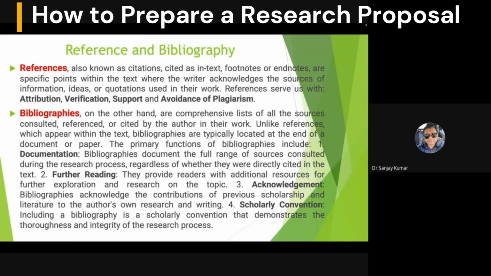For example, people like Mahatma Gandhi, if you are citing him, then his ideas can in some way support your ideas, and your work could be more authentic. And the last one is avoidance of plagiarism. It means you are saying that this is not something you have stolen from some work. You are not a thief. You are saying that I am an authentic researcher. I am not a thief.